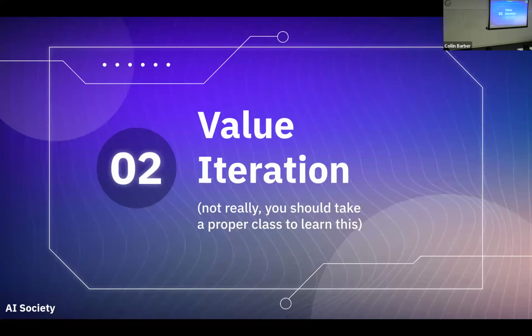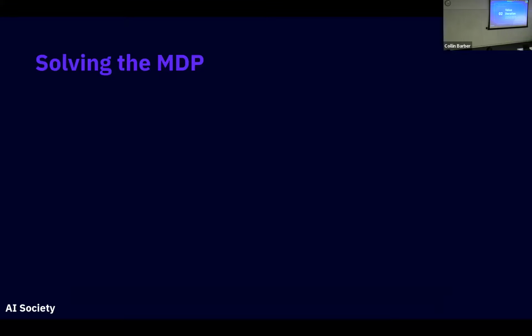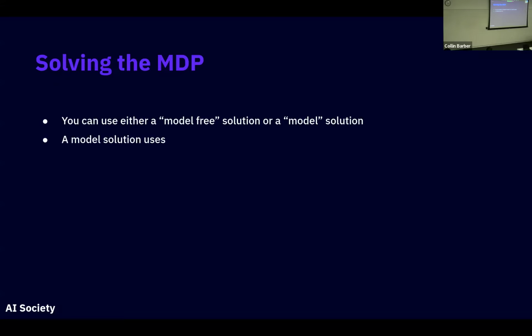Okay, so before we get into Q learning, I feel like I have to talk about value iteration. I'm not really going to talk about this, as I say in my little note here. If you really care about all these different machine learning algorithms, you should take a class. Unfortunately, we can't do this for you, but value iteration has a cool visual, and I want to show that to you. The idea behind value iteration is that it's a model solution.